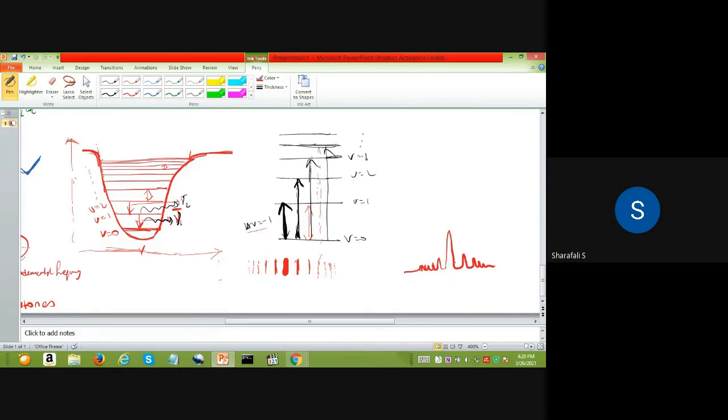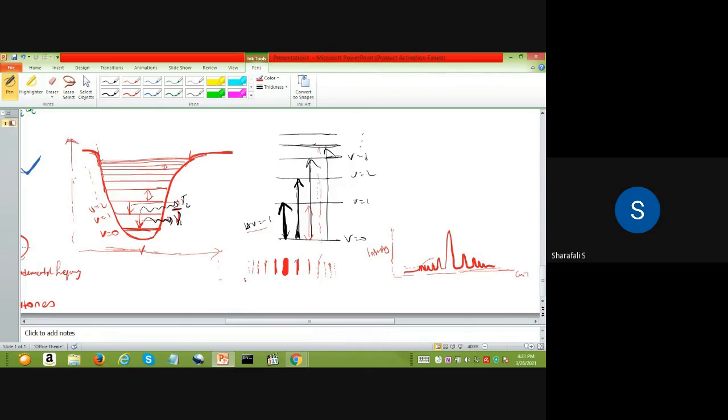They will be very close. So this will be your spectra, how it looks when you are plotting that in terms of intensity. So this is your intensity versus wave number. So it will be like this.